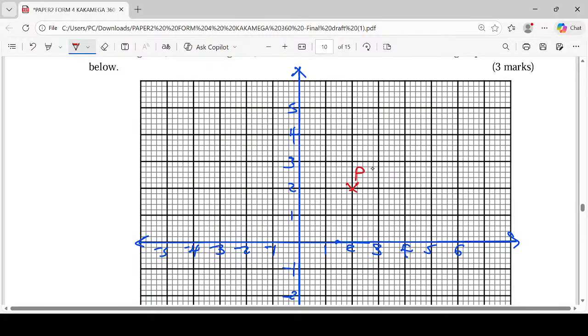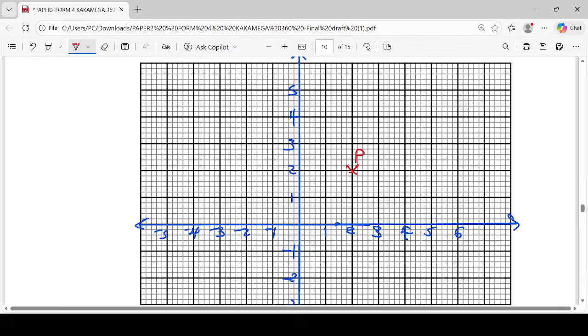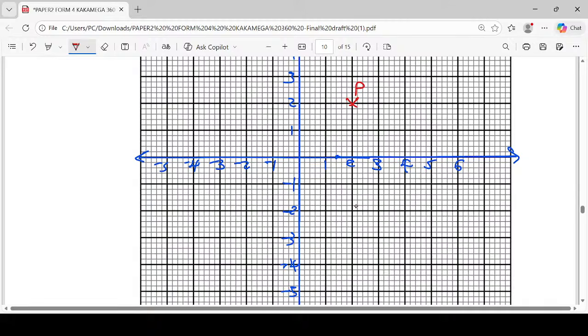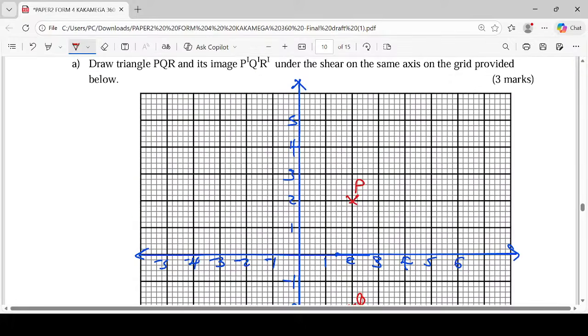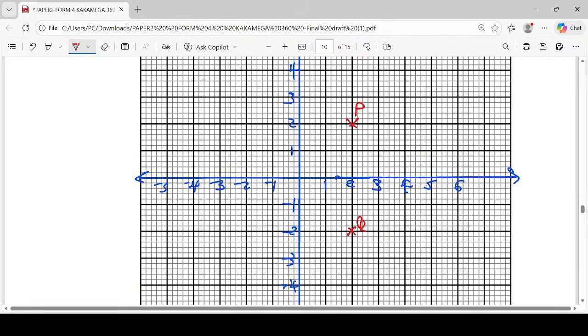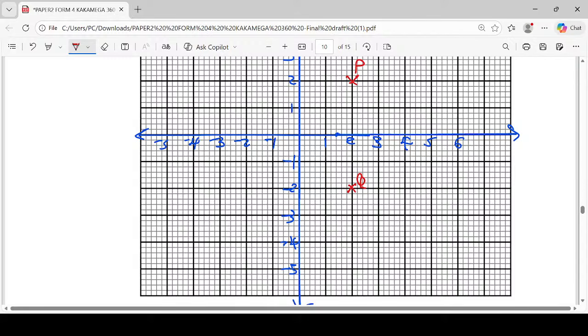That's P. Q is 2, negative 2, and it is here. That is Q. Then R is negative 1, negative 4, and here is our R.